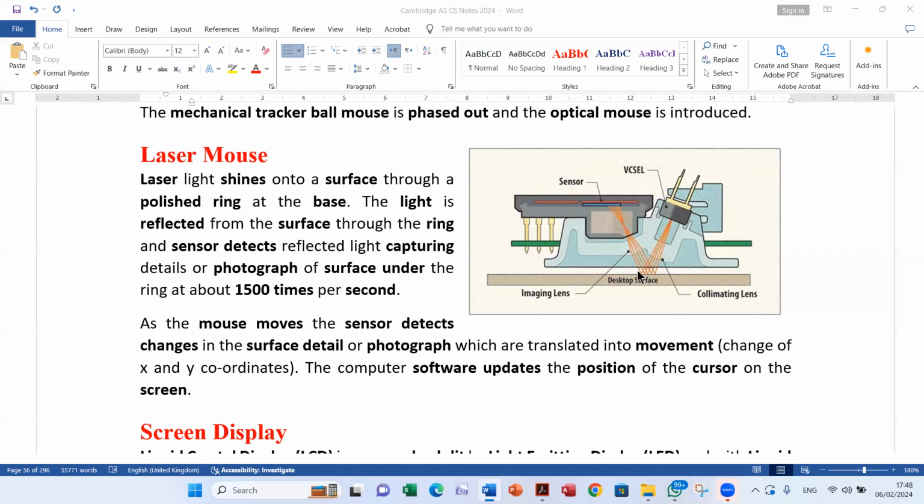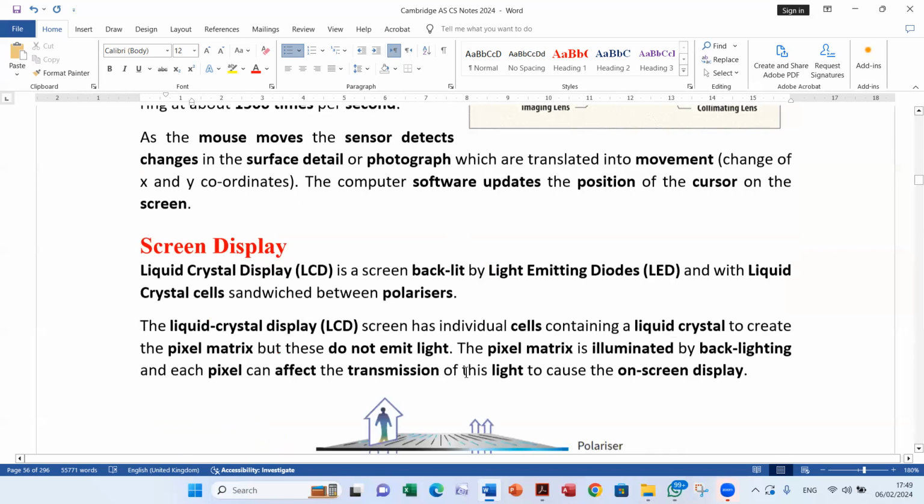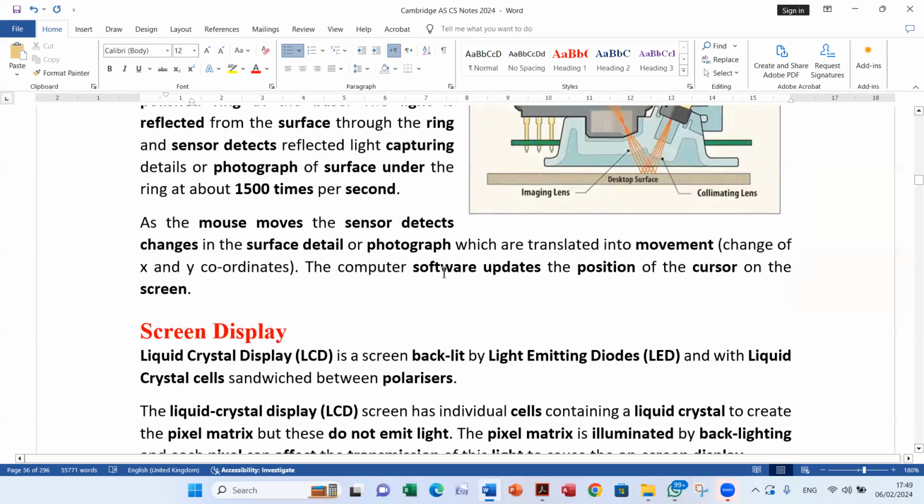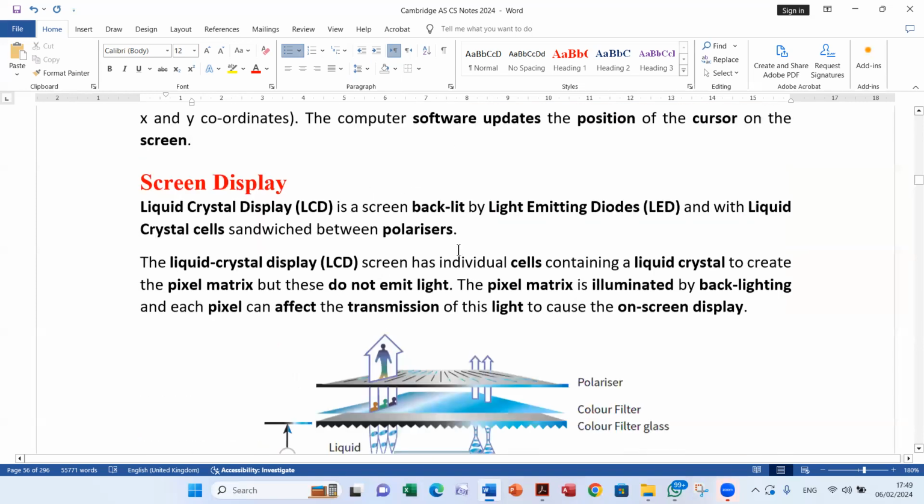So it is like there is a very small camera underneath the mouse capturing the change in the area under the mouse. As the mouse moves, the sensor detects changes in the surface photograph, which are translated into movement, a change of XY coordinates. The computer software updates the position of the cursor on the screen. So when you move the mouse, the arrow on the screen moves.